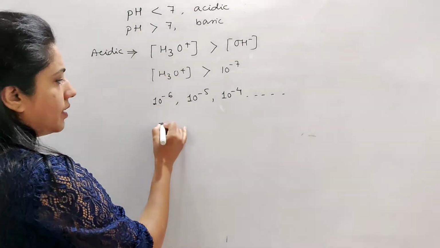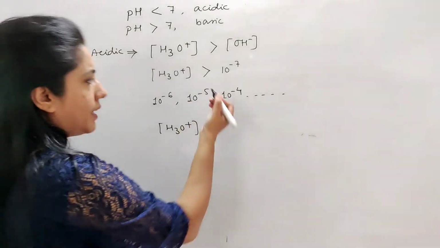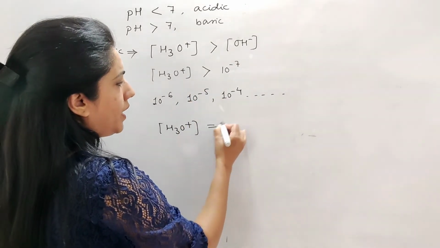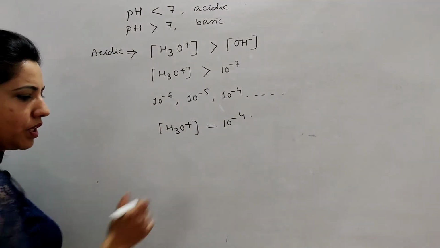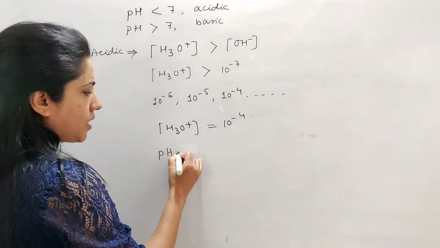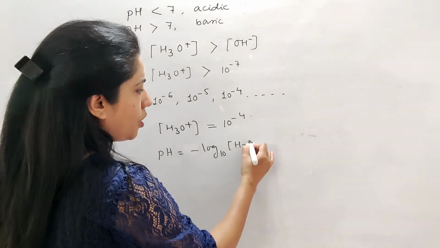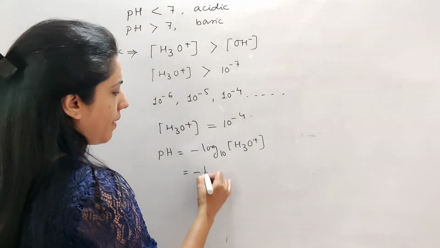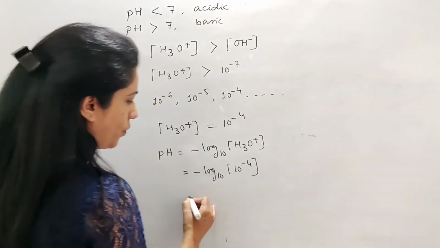Okay. Now let us take any concentration of H3O plus, like let us take 10 raised to power minus 4. I am taking this concentration. So in that case, what will be the pH value? Minus logarithm of H3O plus concentration. Put the value of H3O plus concentration, and that we are taking as 10 raised to power minus 4.